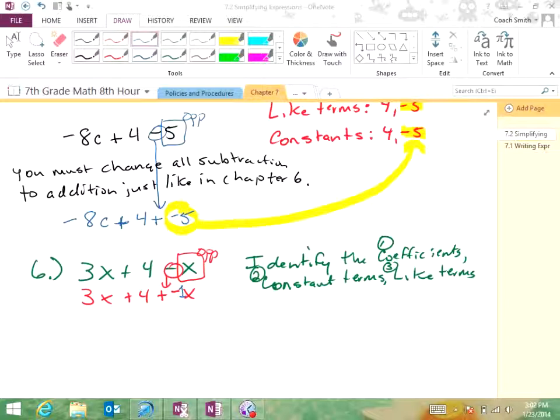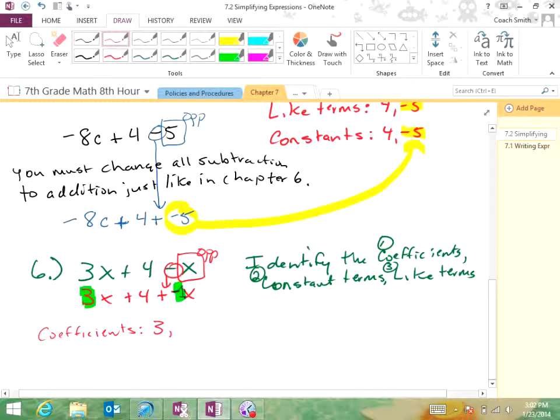The coefficients are the numbers that are in front of our variables. So what is in front of the first x? What? 3. What is the number in front of the last x? Negative 1.